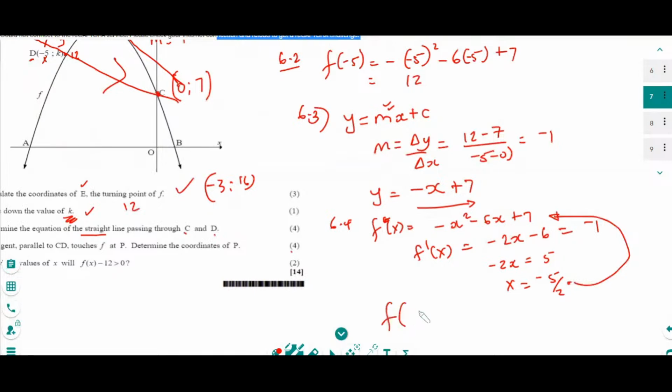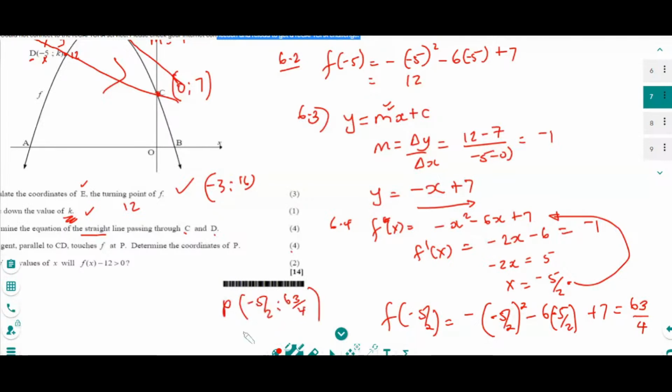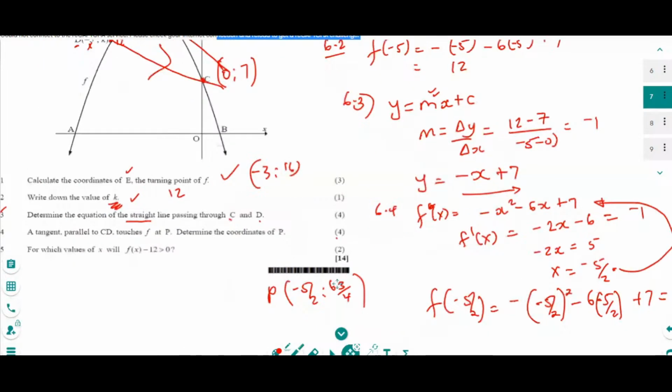So f of -5/2 is going to be -5/2 squared minus 6 times -5/2 plus 7. When I punch this into my calculator, I'm getting 63/4, which means my coordinates of P are -5/2 and 63/4. So those are the values of the x and the y coordinates.